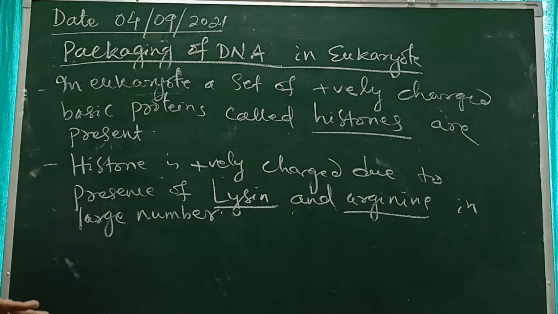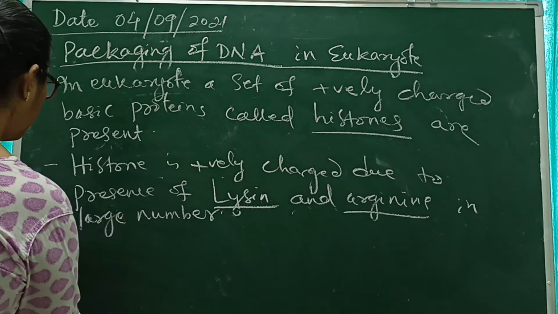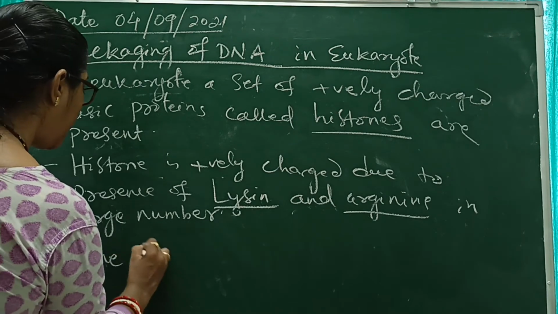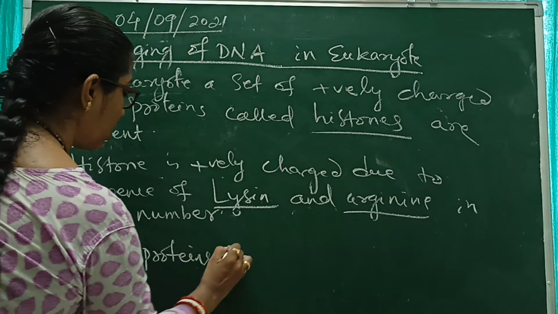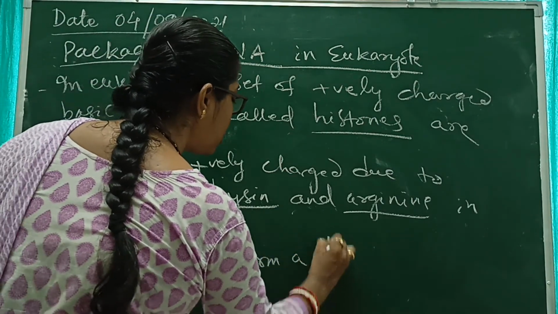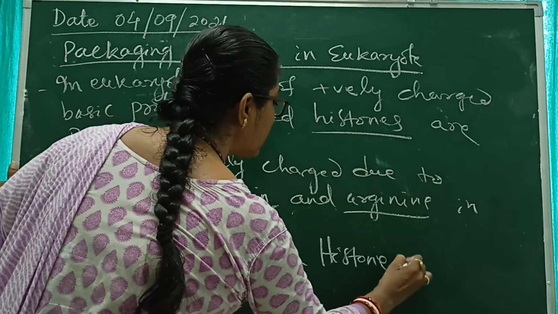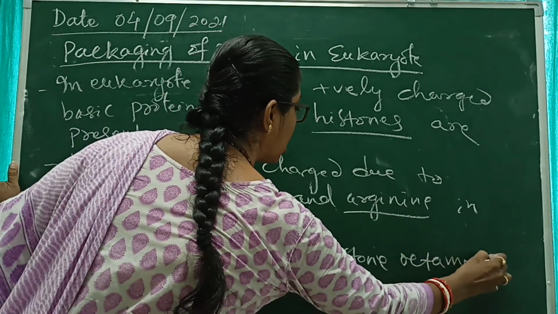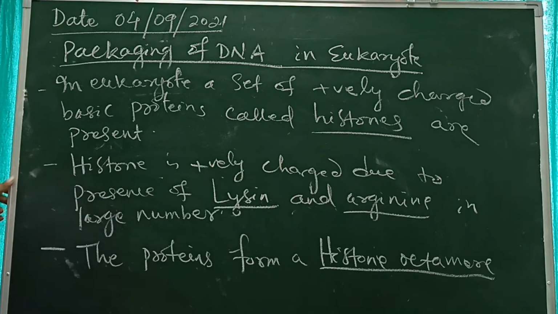Okay, so the protein is positively charged, and this is a set of proteins and it forms a histone octamer. That means it is composed of 8 subunits, 8 molecules of protein.